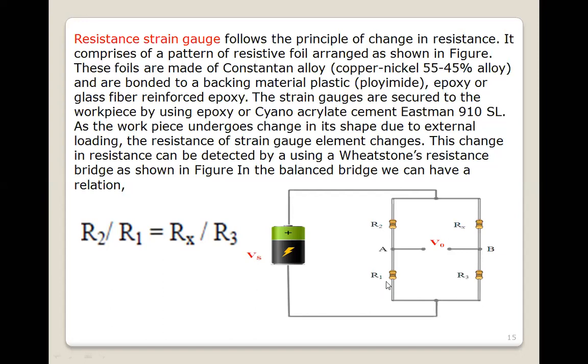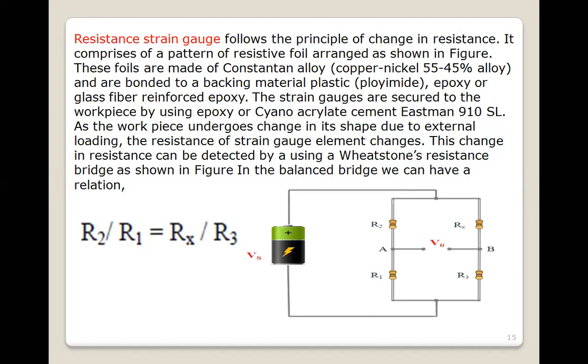Suppose there are resistances R1, R2, R3 and Rx, and Rx is indicated by the strain gauge resistance. So if you apply any external force or load on the strain gauge, due to elongation or shortening there is a change in the resistance. So the change in the resistance can be measured using the Wheatstone bridge.